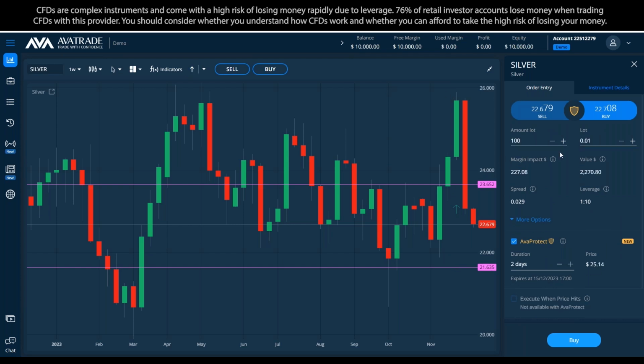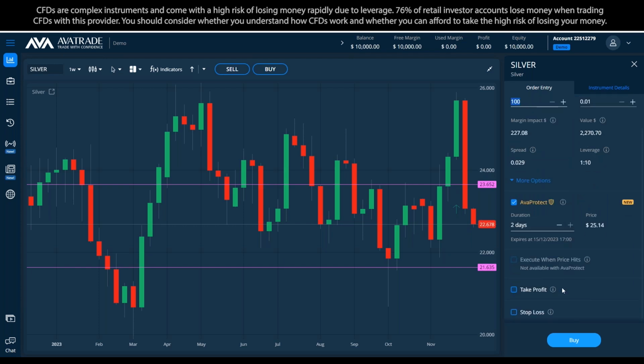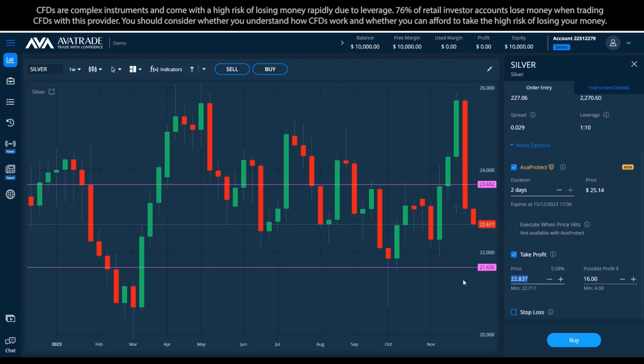100 ounces of silver. If it goes up by $1, I should make 100 or lose 100. This is how the take profit and the stop loss look when they're not through a signal, when you set them by yourself. So the take profit, we're going to change that to 23.6.